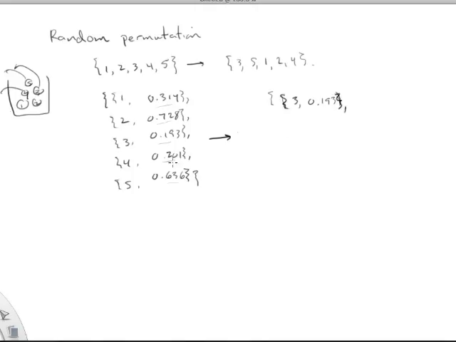And the next one would be 0.201. The third one would be 0.314 with the 1 tied to it. The next one would be 0.636, and the last one would be 0.728.